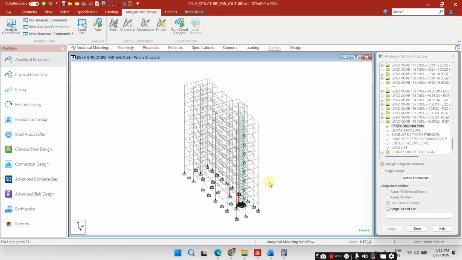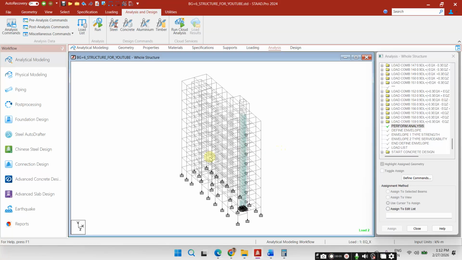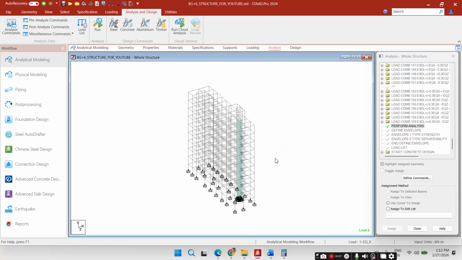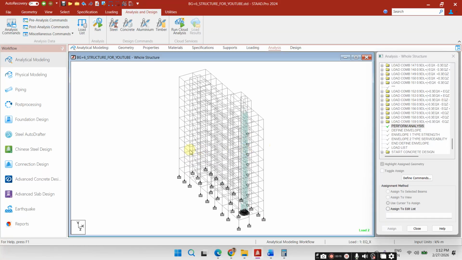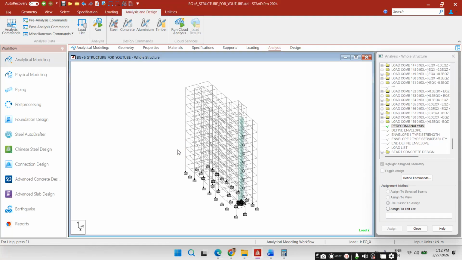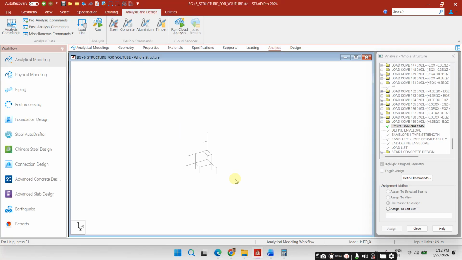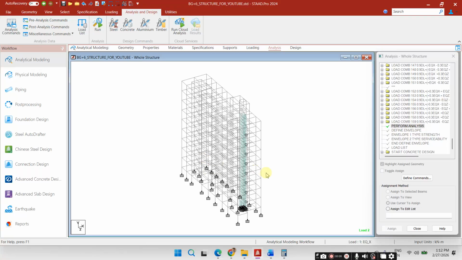We will see the mass participation factor and mass participation amount. At the time of seismic acceleration, 90% of the total mass of the structure should participate.